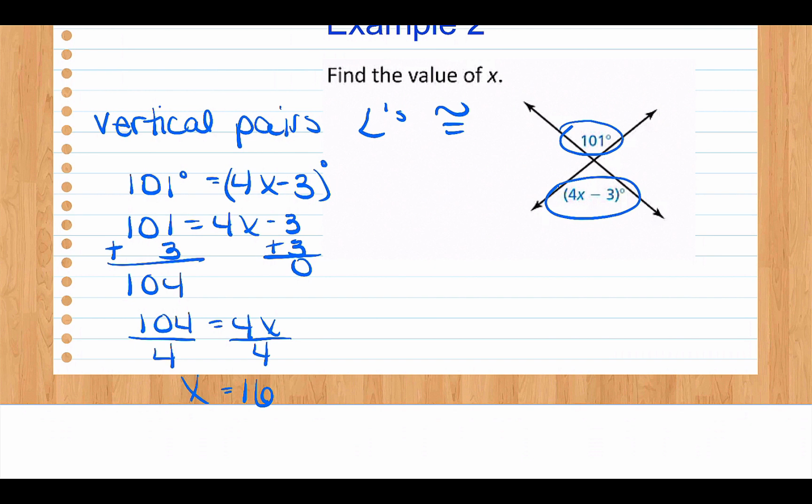No, not 16. I don't have my calculator here. 104 divided by 4 equals 26. Okay?